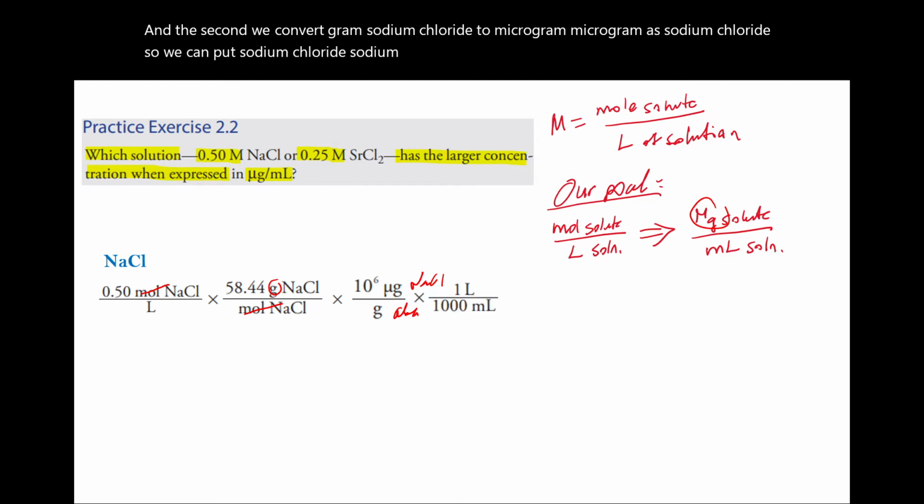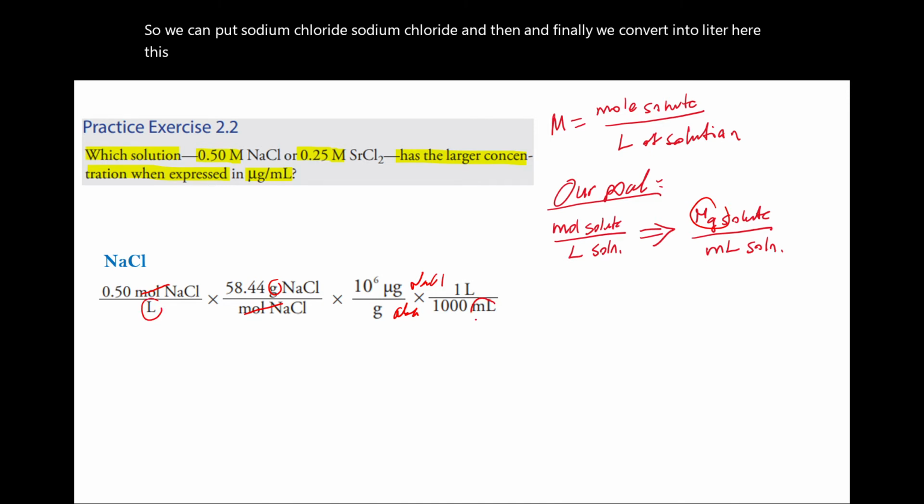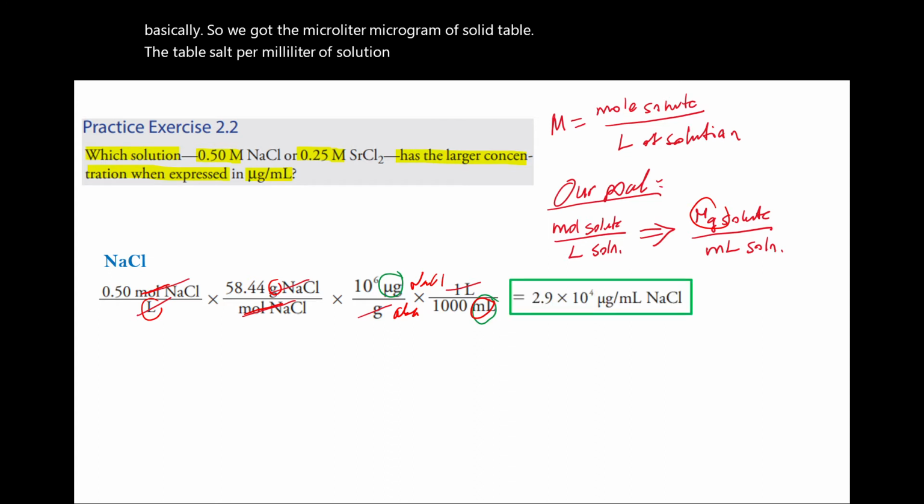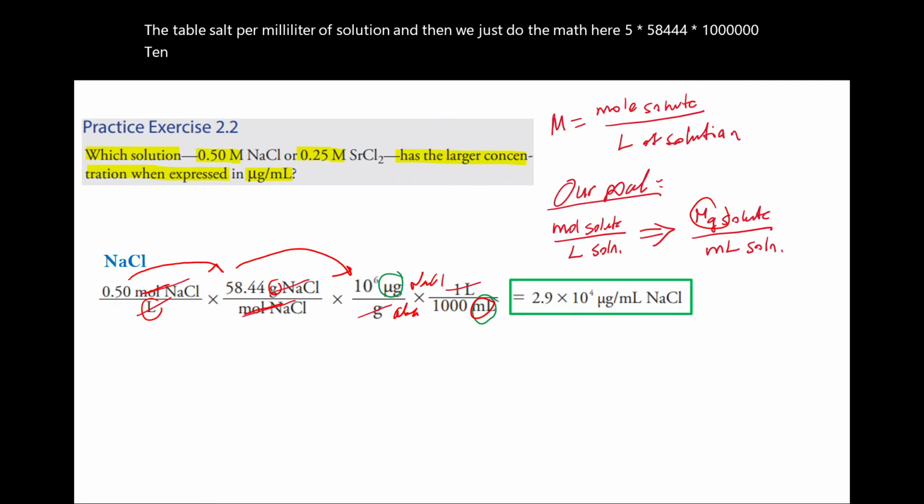And then finally we convert the liter to milliliter. By doing that, we are done basically, and we got microgram of solid table salt per milliliter of solution. Then we just do the math here: 0.5 times 58.44 times 10 to 6, and then divided by 1,000 and so on. So you come up with 2.9 times 10 to 4th microgram per milliliter sodium chloride.